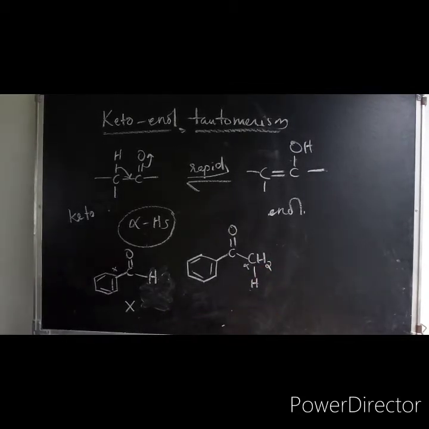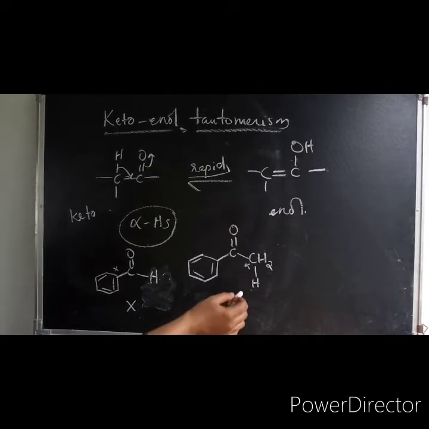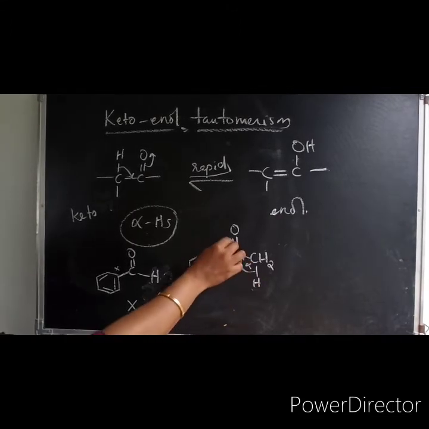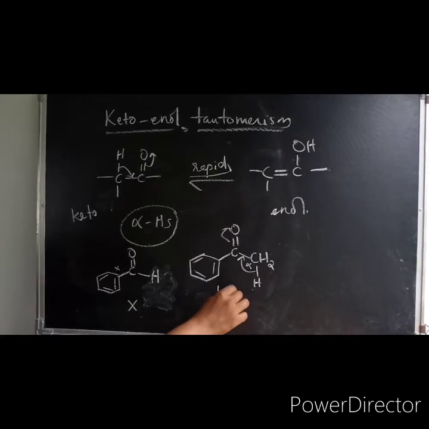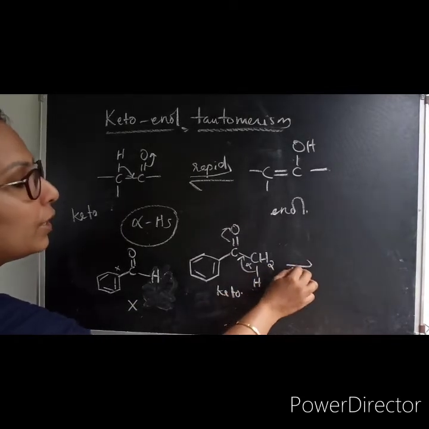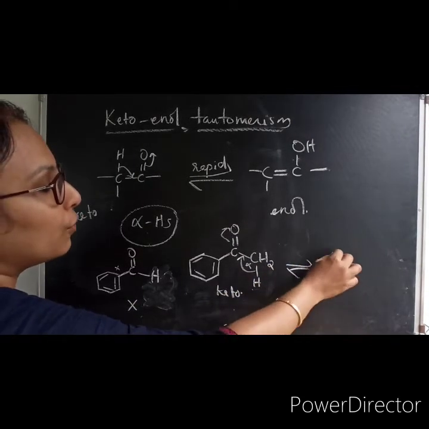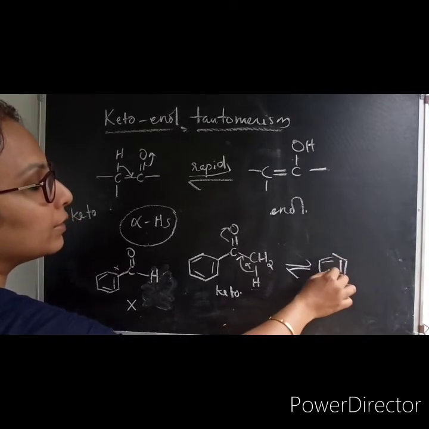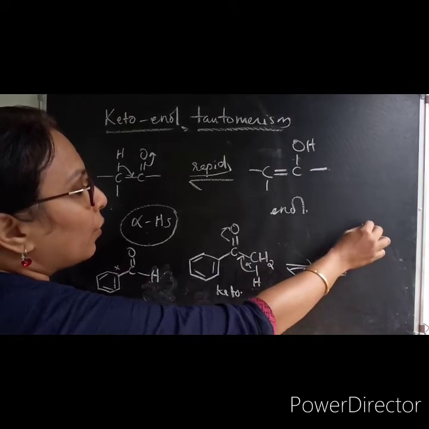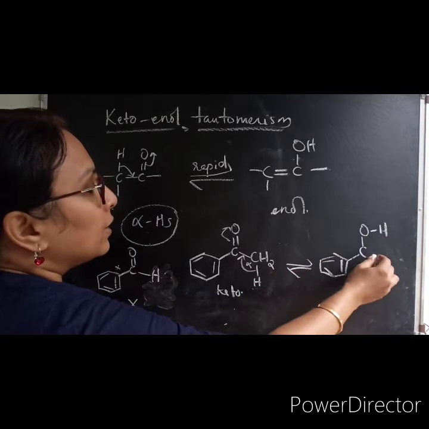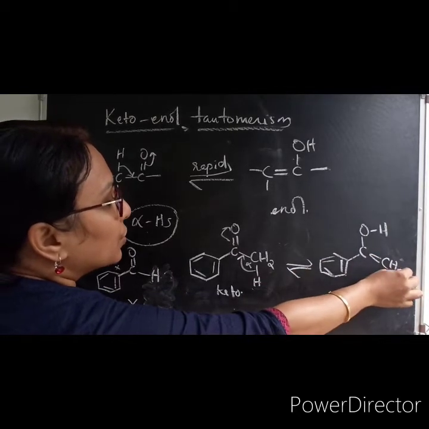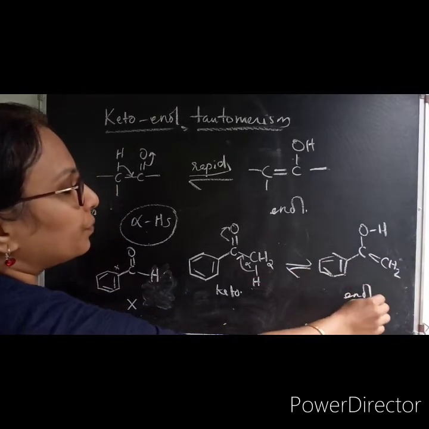So it could be represented in keto-enol form. This will be shifting over here. So this is the keto form of acetophenone, and you will get the enol form like this, C OH double bond CH2. So this is the enol form.